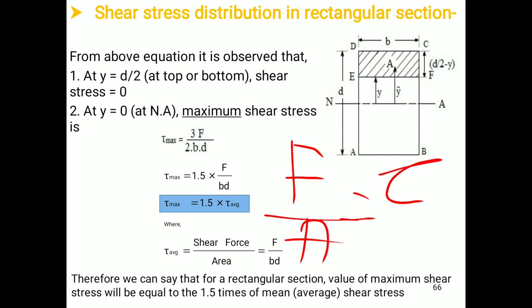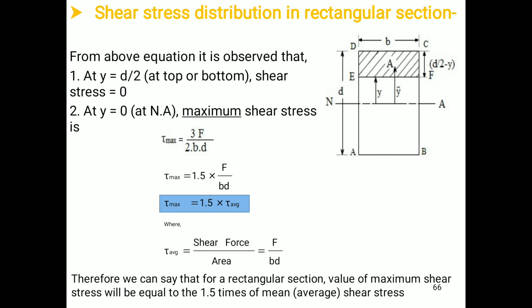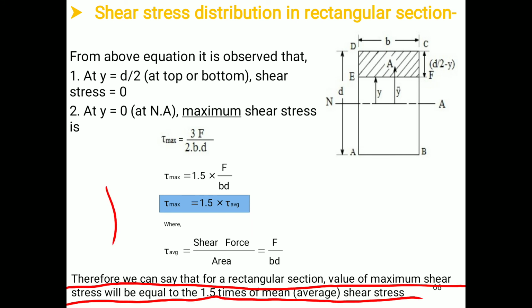Therefore we will have tau maximum equal to 1.5 into tau average, where tau average is equal to shear force upon area, which is equal to F upon b d. Therefore from this equation we can say that for a rectangular section, the maximum shear stress will be equal to 1.5 times the average shear stress.